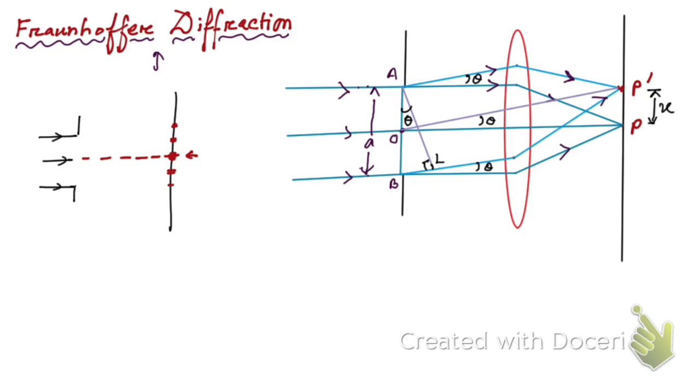Now here we get bright because we have used a convex lens to focus this parallel light, as you can see in this diagram.